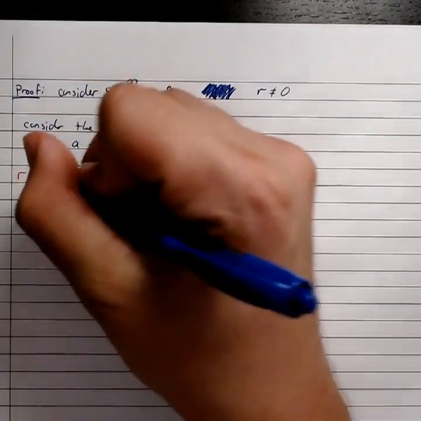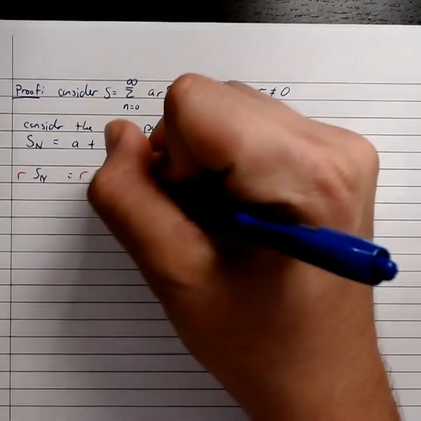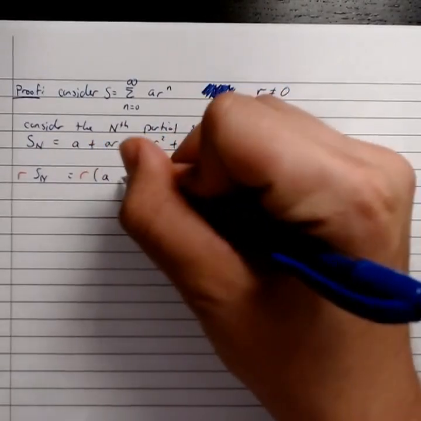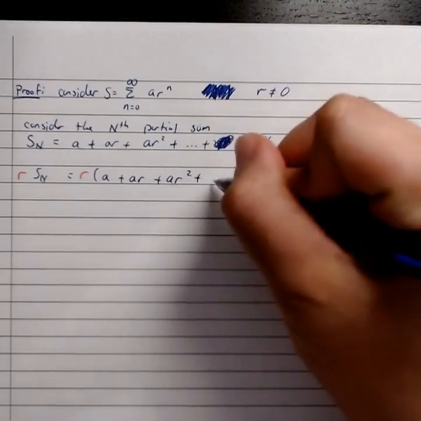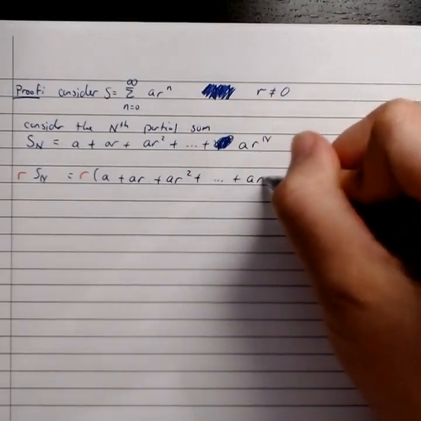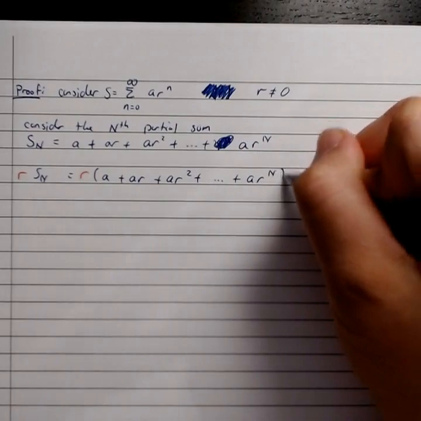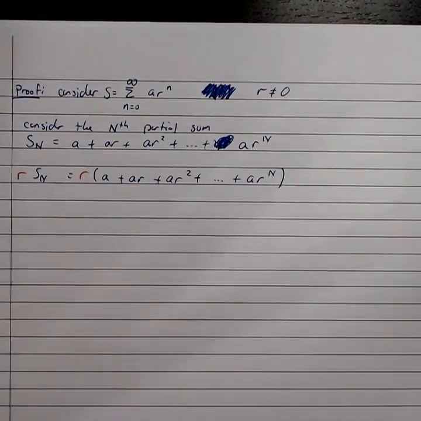So that's going to give me r times s sub n is equal to r times a plus ar plus ar squared plus dot dot dot plus ar to the power n. Well, notice I can distribute that r all the way out.